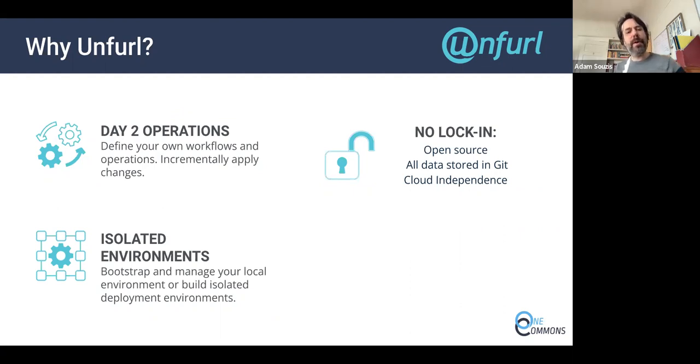Another big part is this idea of creating isolated environments. Because all the information is stored in Git, we can generate an isolated environment, both locally, like a developer environment, or if we want, in a container. And I can show you in the demo, Unfurl can bootstrap itself, where it will download and install its own dependencies by modeling your development environment, just like you're modeling your cloud environment.